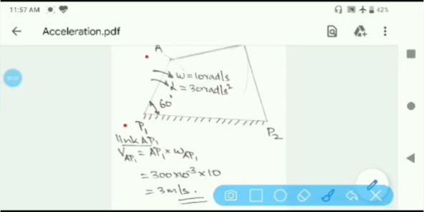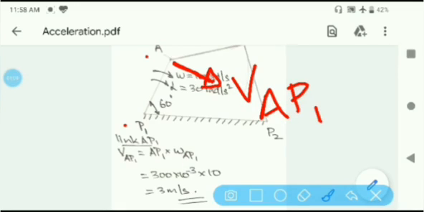That means we can exactly find the direction of the velocity of A relative to P1, and that direction will be perpendicular to AP1 and will be in the downward direction. Okay, so this arrow indicates the direction of velocity of A relative to P1. So what you do is, from A you draw a line perpendicular to AP1 in the downward direction, and you mark the arrowhead and indicate it as velocity of A relative to P1.